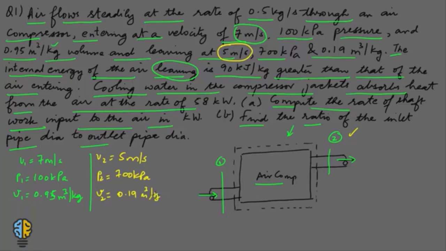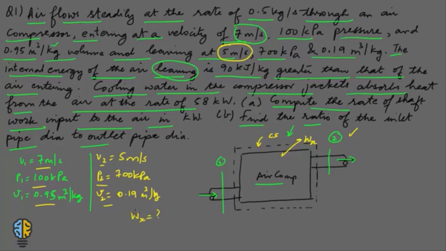So you can very well see the work that is being done on the air in the compressor. The velocity decreases, the pressure increases and the specific volume decreases. And this is the control surface. Now it says that you need to find out some shaft work, that is Wx. So now we'll write down the thing that is to be found out, that is Wx.